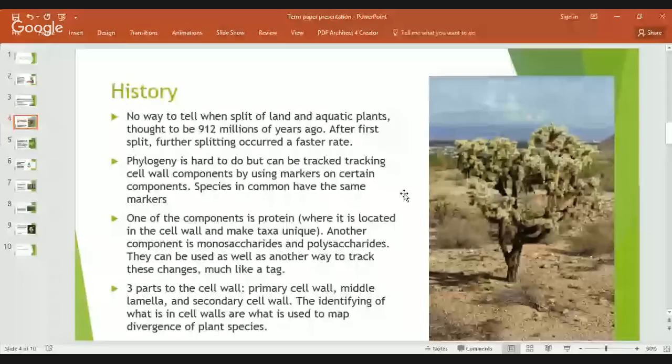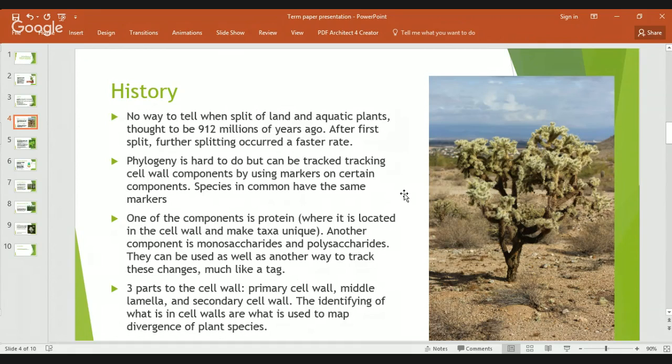All right, history. There's no way to tell exactly when the split of land and aquatic plants occurred, but through the fossil record and species today, it's thought to be about 912 million years ago, which is a long time, much longer than most animals started to evolve.